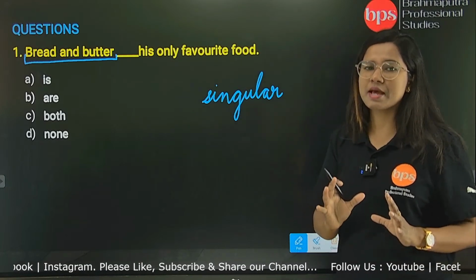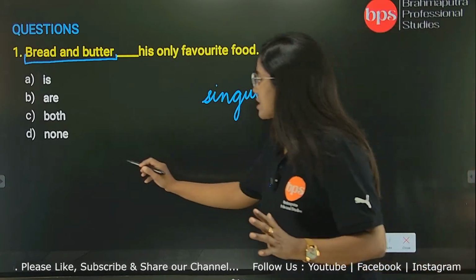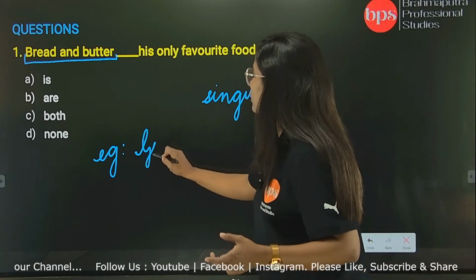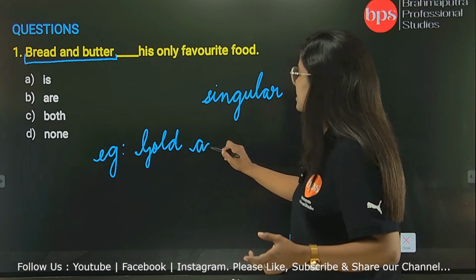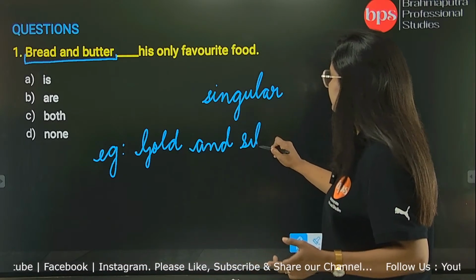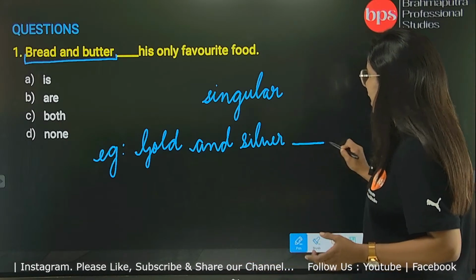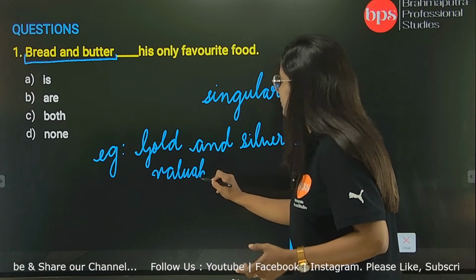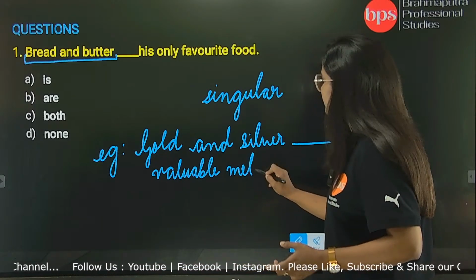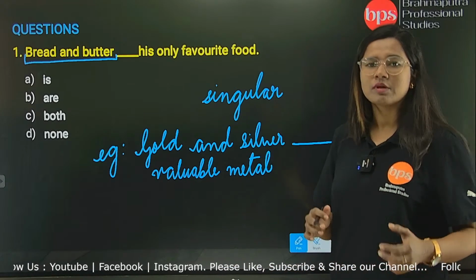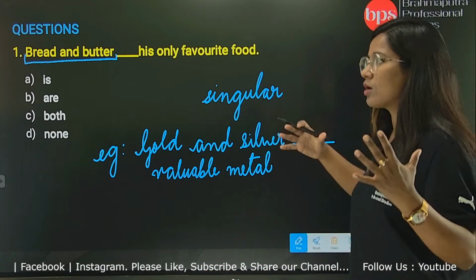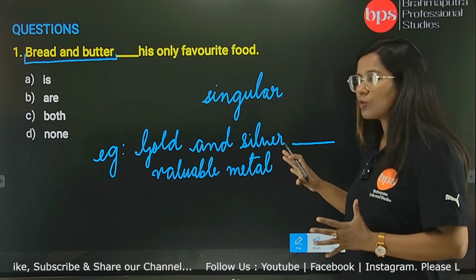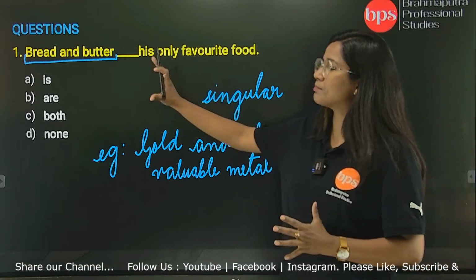But there is one more example which I want to add here: gold and silver dash valuable metals. I need you champions to help me fill this blank. Here gold and silver is not like bread and butter.